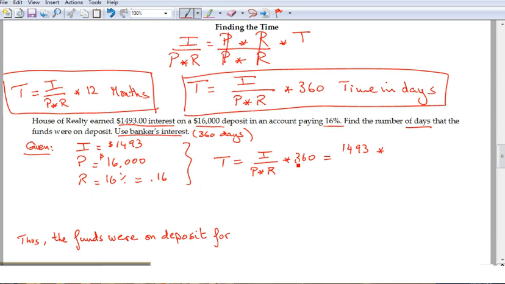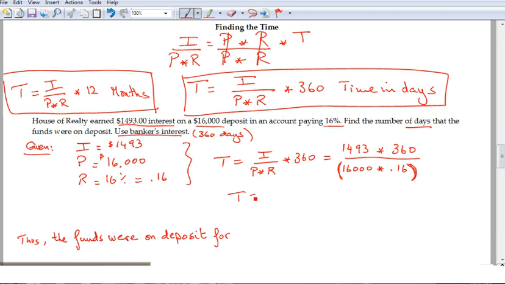Because this is like 360 over 1, I multiply by 360 here, and divide by principal 16,000 multiplied by the rate, which is 0.16. And because I have a division of two values, I must put parentheses.